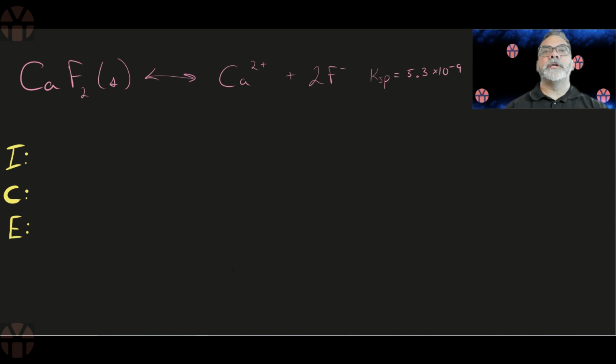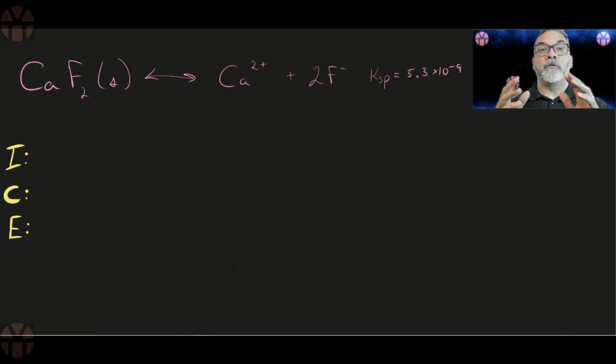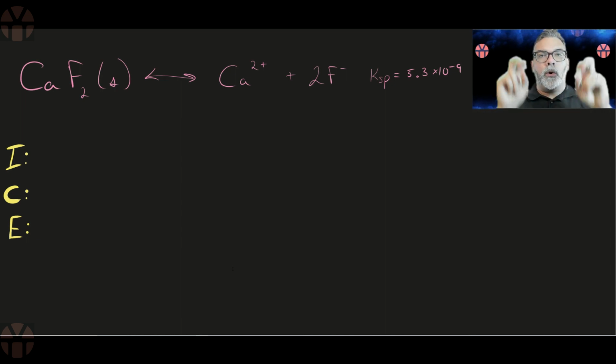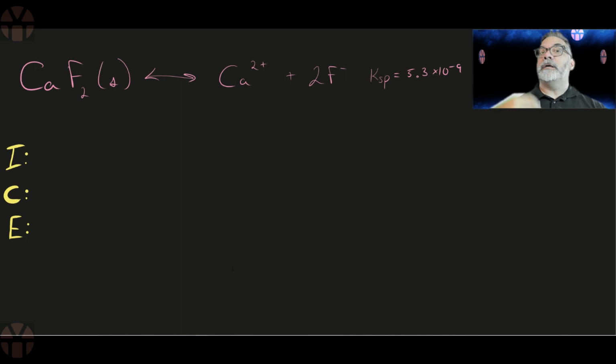To help us understand what's occurring, let's take a look at this equation where calcium fluoride is dissociating. Remember we said that the halides were those tricky little exceptions, especially fluorine. A lot of fluorides tend to be quote unquote insoluble, and calcium fluoride is no exception to this rule. It is not very good at dissociating.